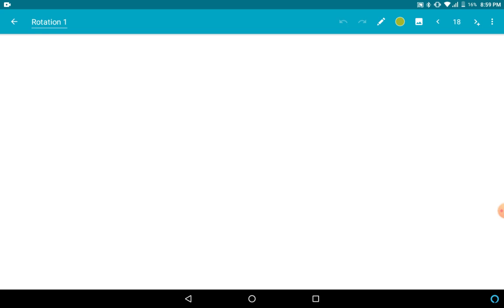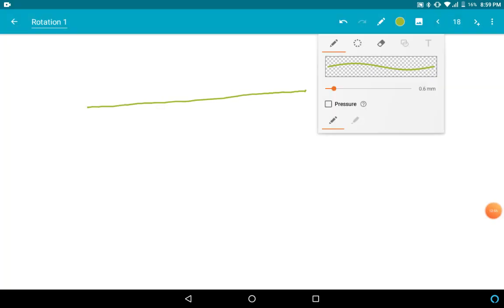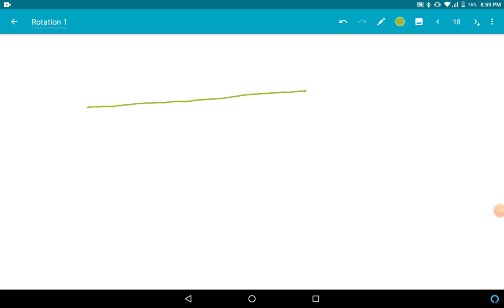As you can see, about a rod. So about a rod, now let's say at the ends we apply a force here and a force here.